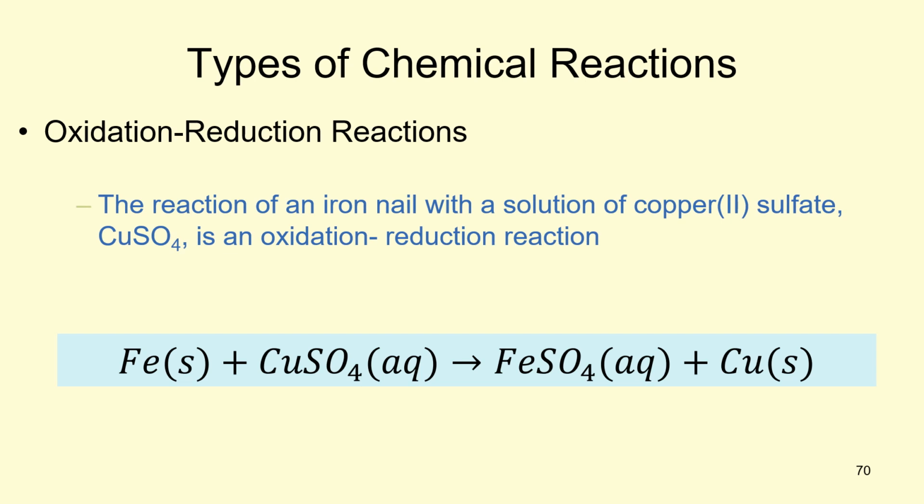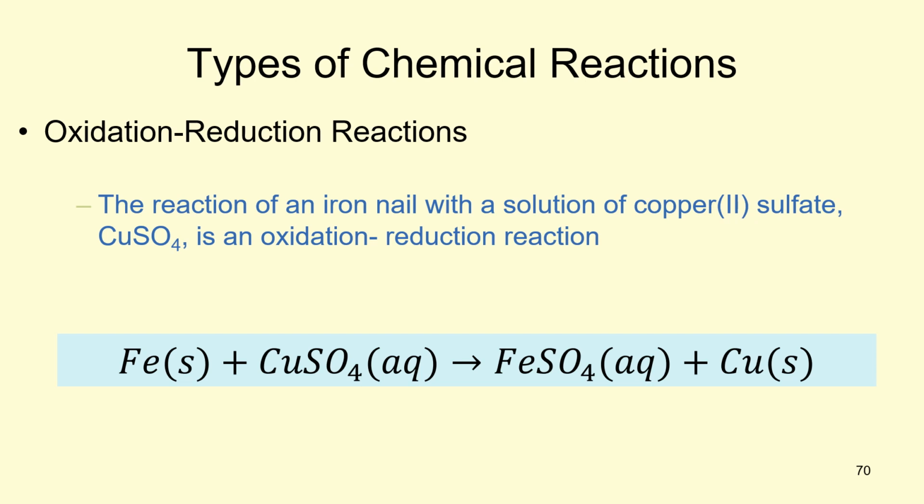So we could look at a very simple oxidation-reduction reaction. It's a reaction of an iron nail. If you put an iron nail into a solution of copper(II) sulfate, you'll see what happens. Let me just start out by saying that iron here doesn't have a charge, so it means iron metal in its elemental form.